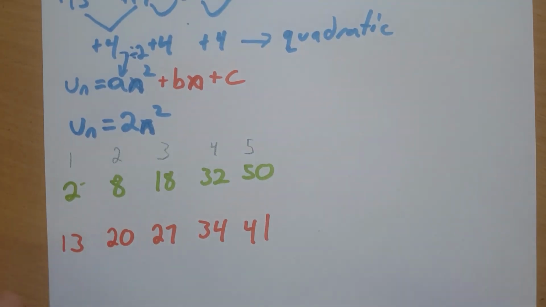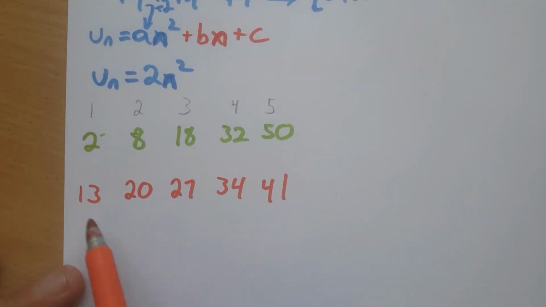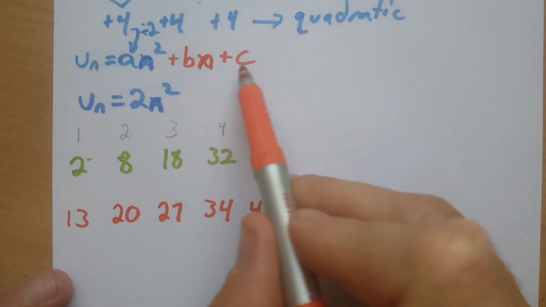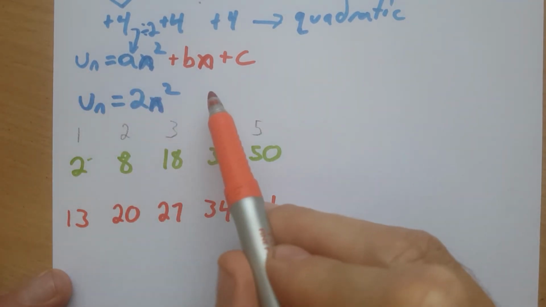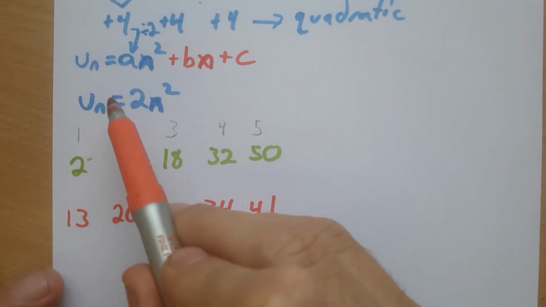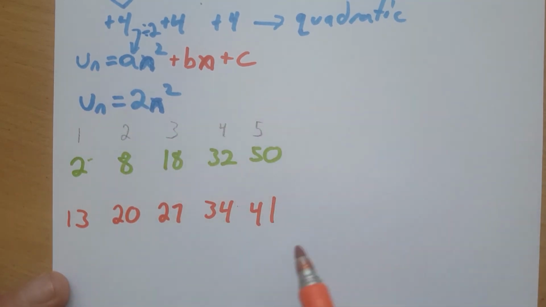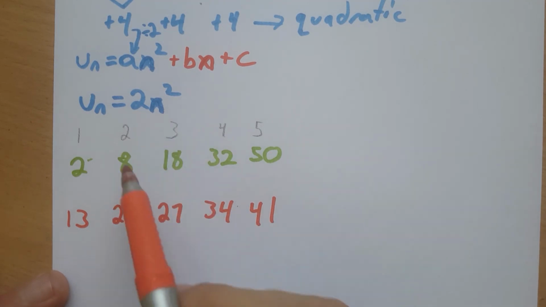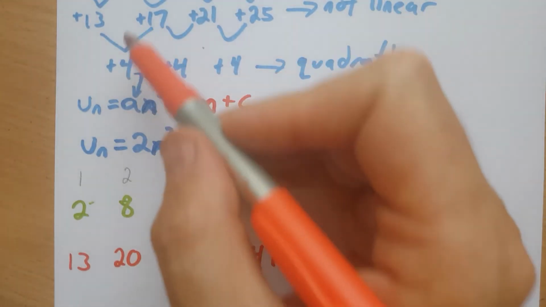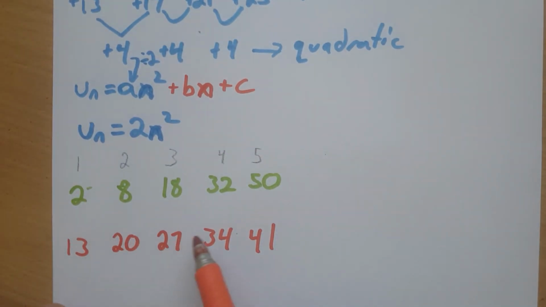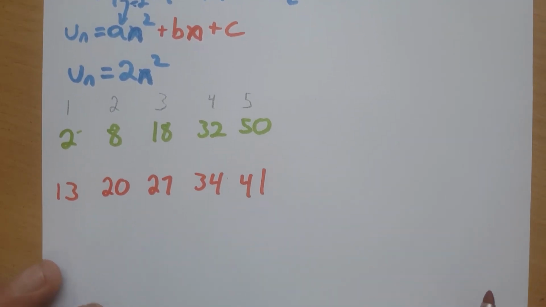All right, but let's go through it again. So this is a new sequence that represents the remainder from this equation, right? This is the sequence that we're generating, the nth term equation for the sequence that we're generating. So we have a 2n squared part of it. We took away the 2n squared from the original, and now we're left with 13, 20, 27, 34, 41.